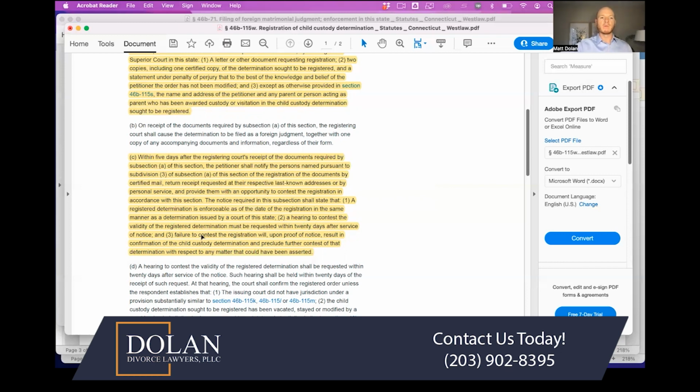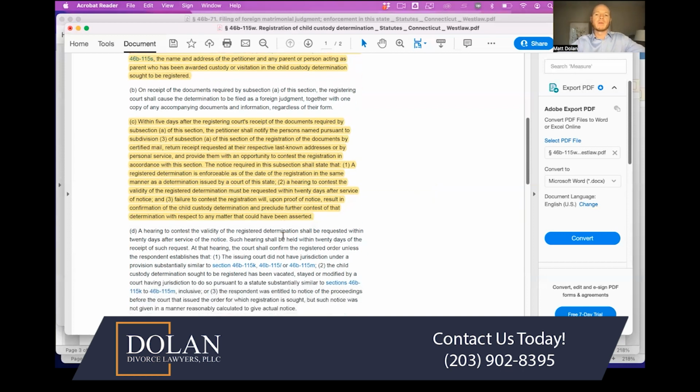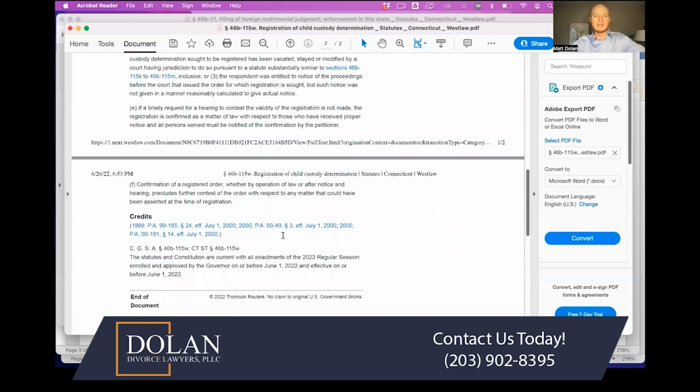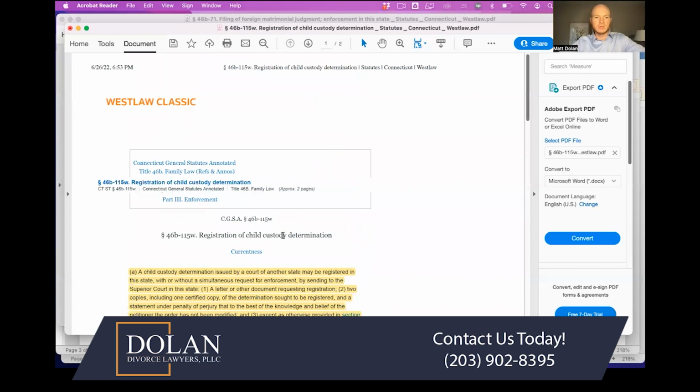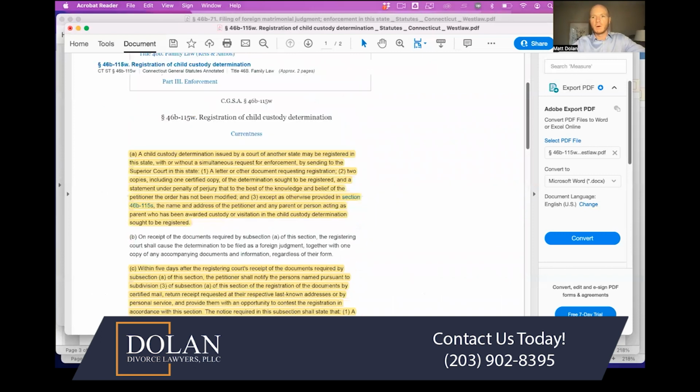And 3, failure to contest the registration will, upon proof of notice, result in confirmation of the child custody determination and preclude further contest of that determination with respect to any matter that could have been asserted. So that's the relevant statute that applies to registering a foreign child custody determination.